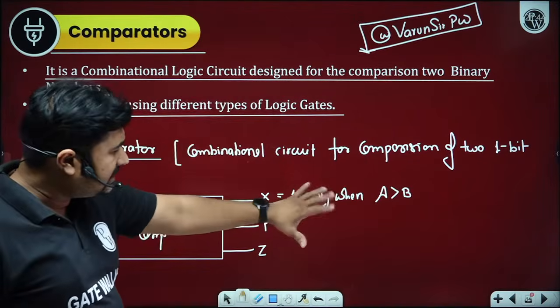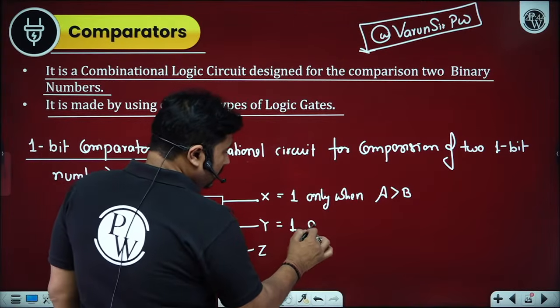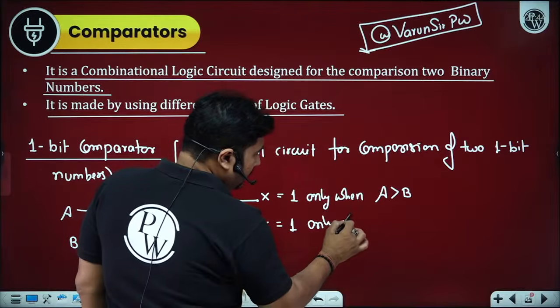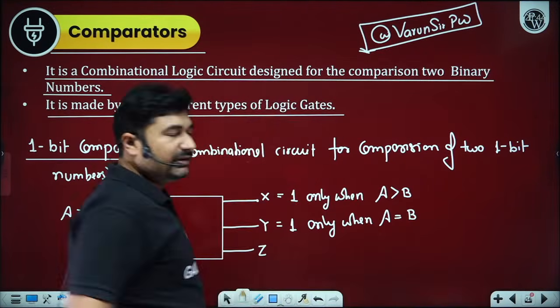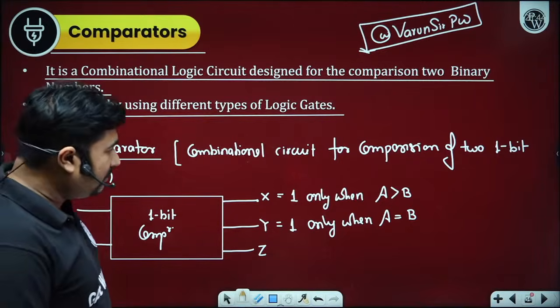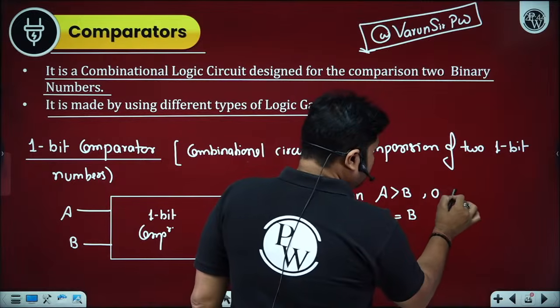So let us consider A is greater than B. Y equals 1 only when A equals B. Whenever number A is equal to number B, then Y will become high, 0 otherwise.